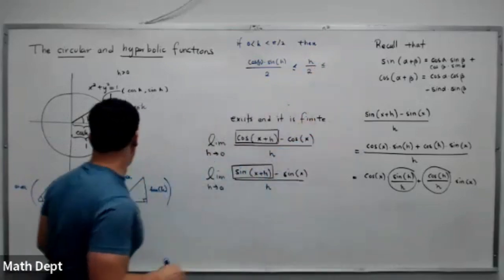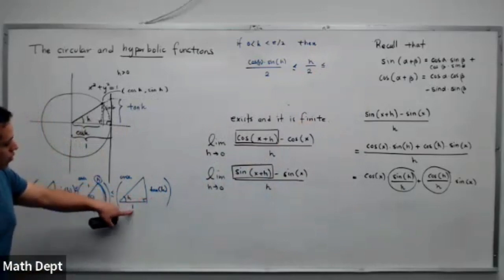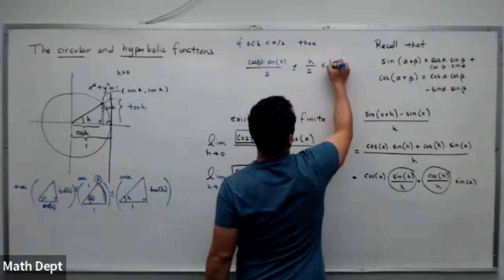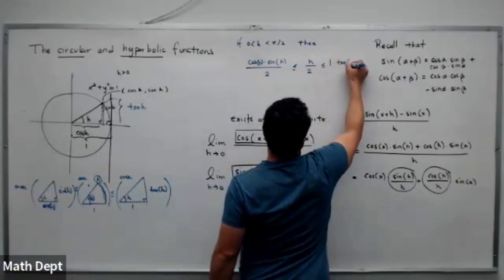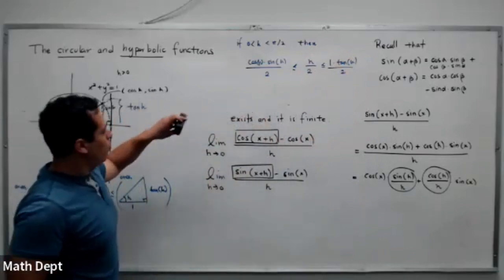Same thing about a triangle: height times base divided by 2, so 1 times tangent of H divided by 2. Immediately from here, we obtain the following.